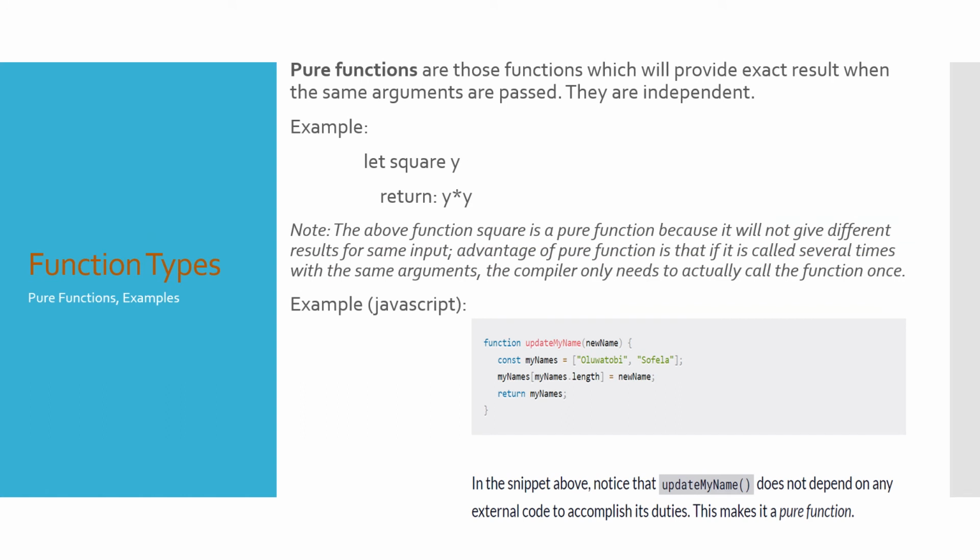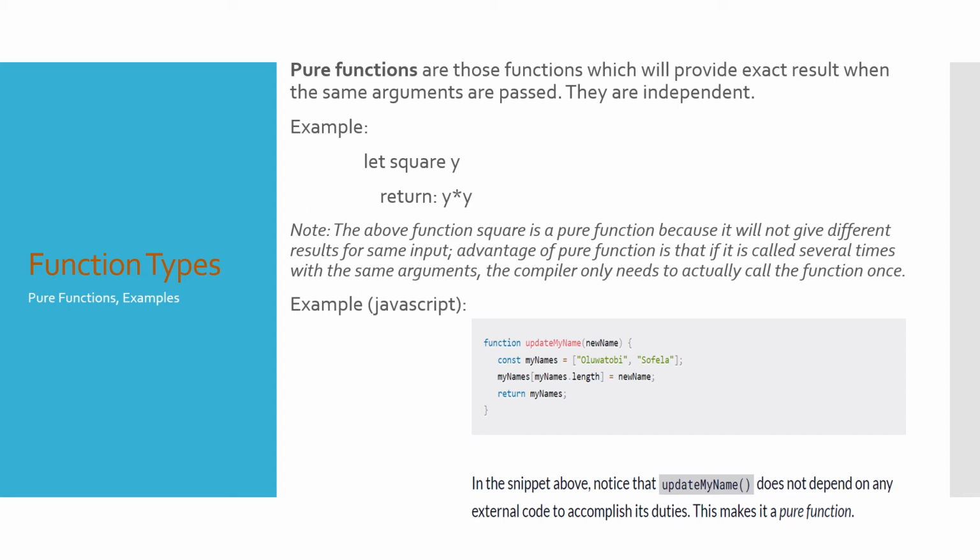Next important topic is about the function type. We talked briefly about functions a few slides ago, and there are different function types. We're going to talk about what pure functions mean. Pure functions are those functions which will provide the exact same result when the same arguments are passed.